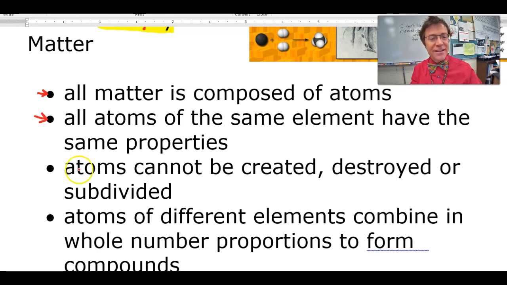Now, this is another one that ticked off the scientific community, believe it or not. Atoms cannot be created, destroyed, or subdivided. At the time, the scientific community believed in things like spontaneous generation, where if you wanted to create maggots, you put meat out and wind blew across it, and maggots spontaneously generated out of the interaction of raw meat and wind.